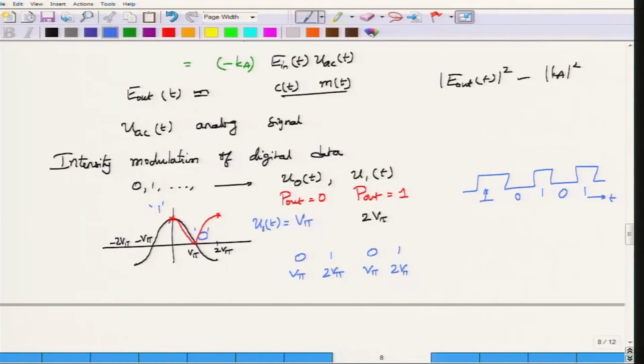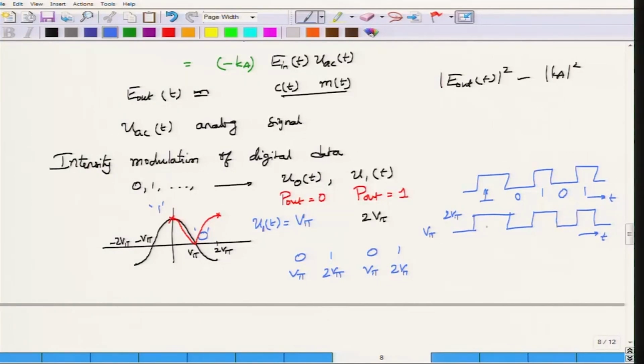This is the digital signal, 0 1 0 1 is the digital sequence, but this has to be converted into a waveform in order to apply to a Mach Zehnder modulator. This would form the analog signal, but the modulation is happening digitally. So, the waveform corresponding to this bit sequence would be, for a 0 you put v pi, and for 1 you put 2 v pi, right. So, this would be the corresponding sequence. This would be a function of time.